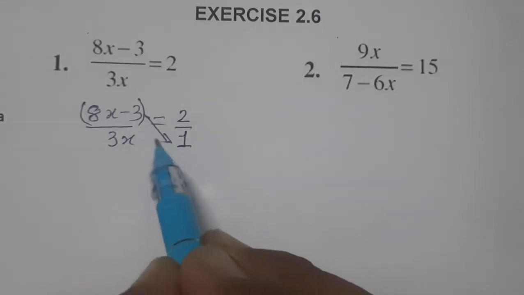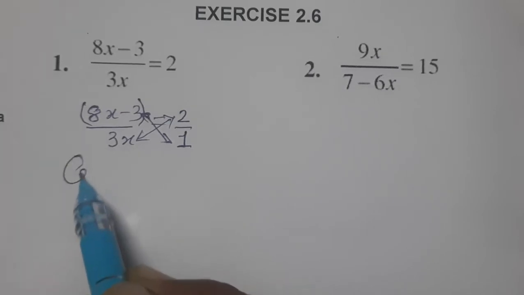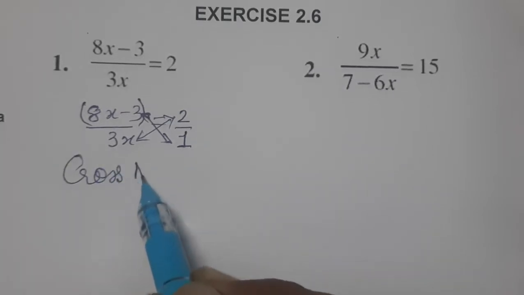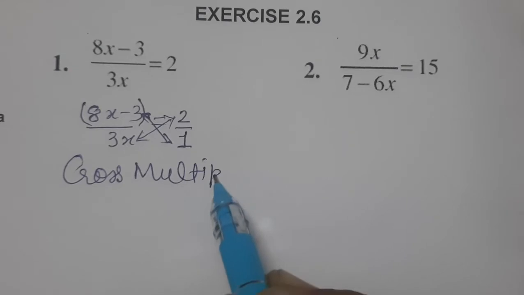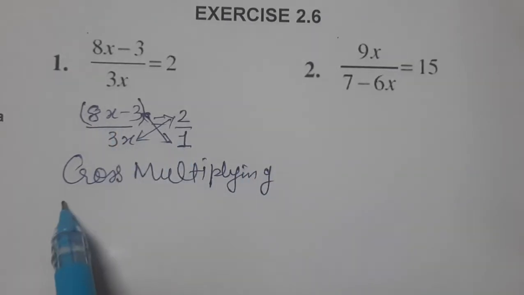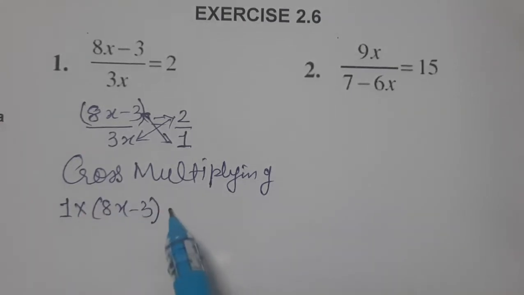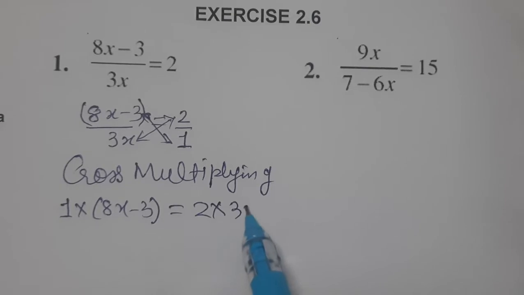Again we will cross multiply these two. So 1 into (8x - 3) and 2 into 3x.